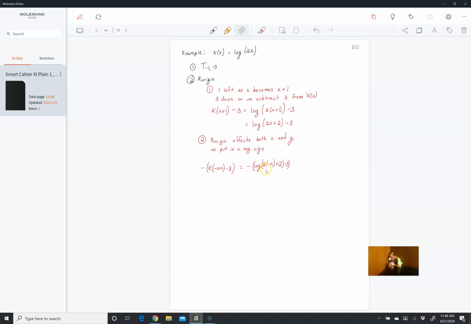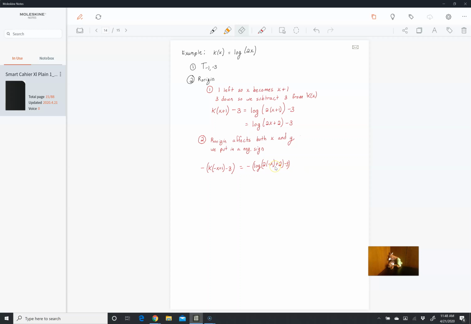Even though we got rid of one of the parentheses, now we have extra parentheses. So it starts to get lots and lots of parentheses. So be careful here, that's all. Do the parentheses one at a time. That's why we put a negative and then just put parentheses, because we knew that the whole function was going to go in there.